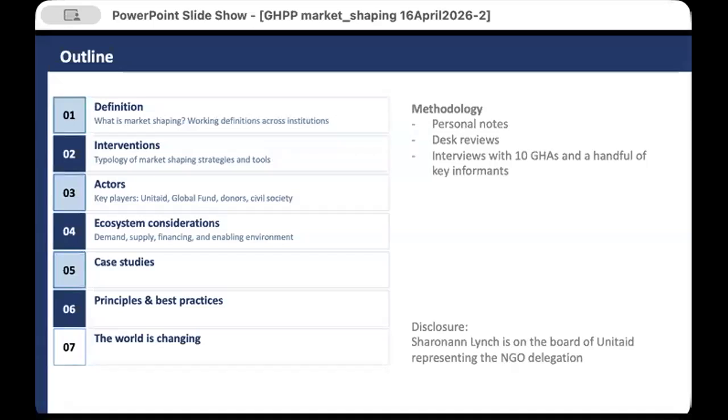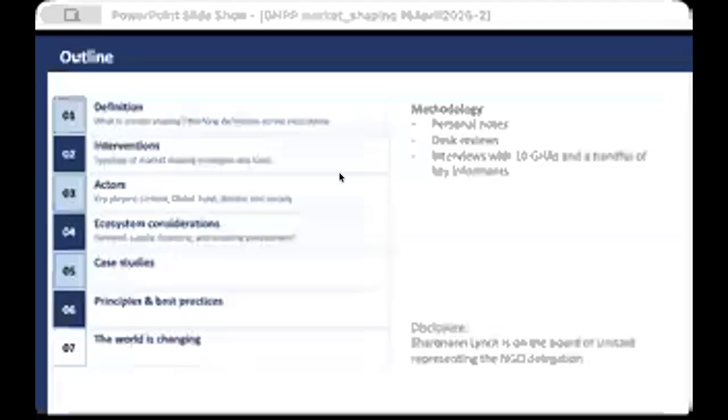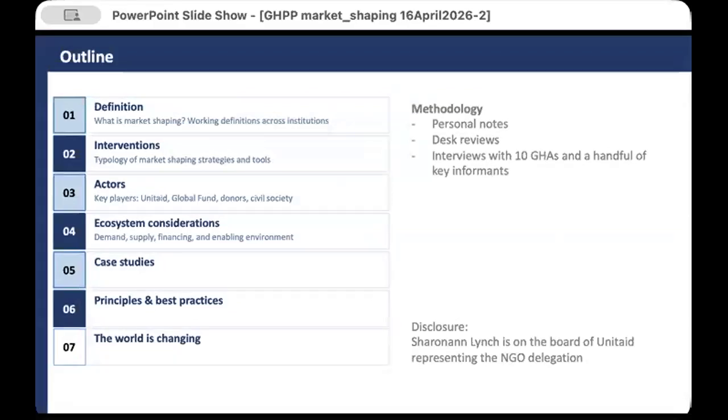So this is not a short presentation, so I hope everyone gets comfortable. We'll be walking through the definition, some of the interventions, the various actors, some case studies, and of course there are more case studies in the extra slides, principles and best practices, and just a reflection on trends in the ecosystem.